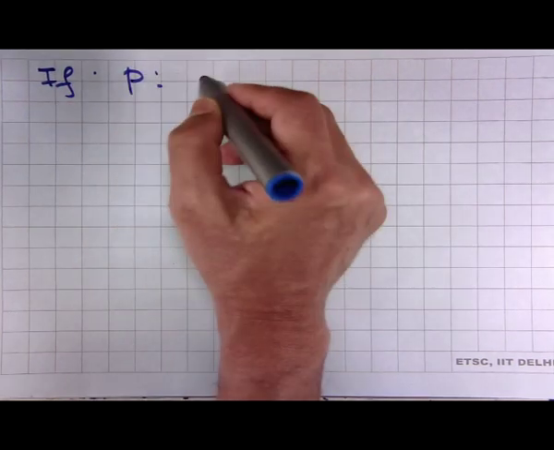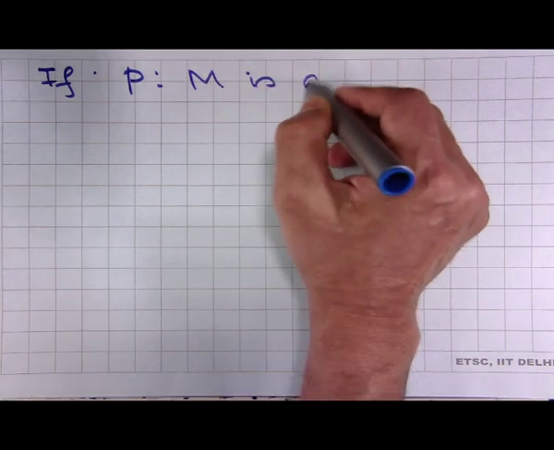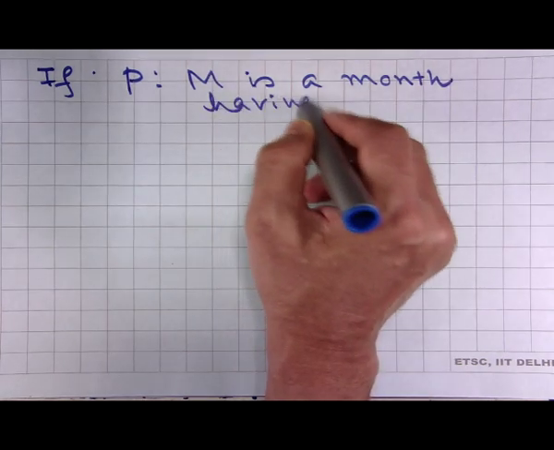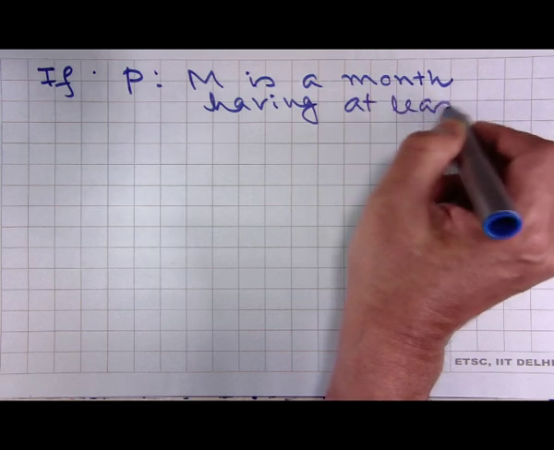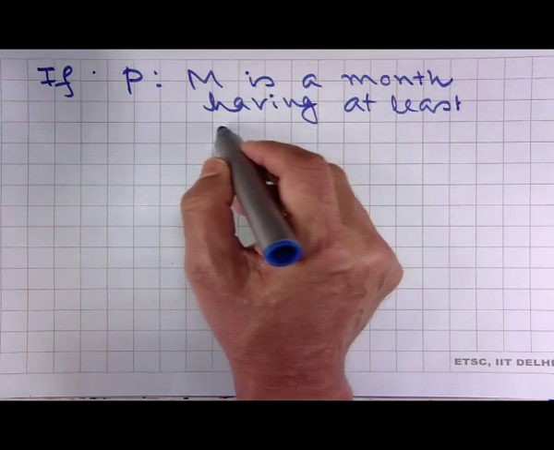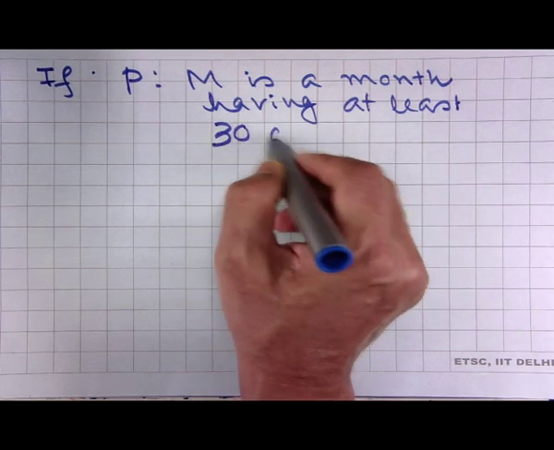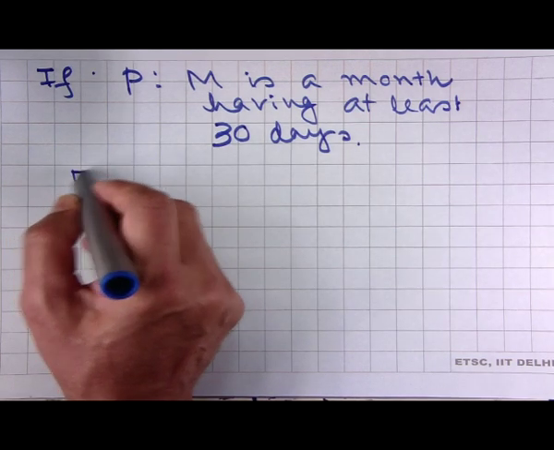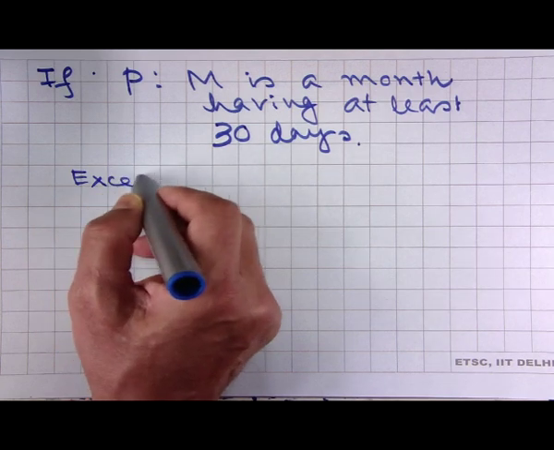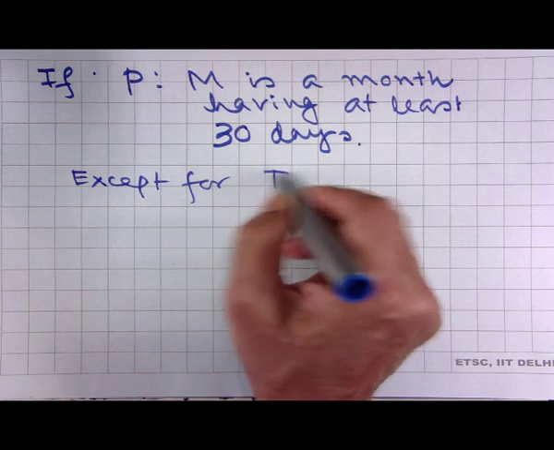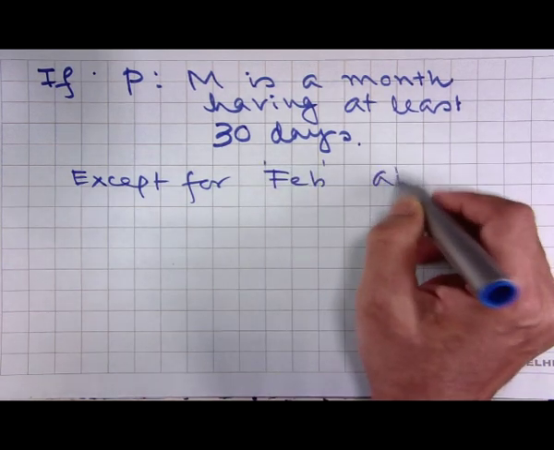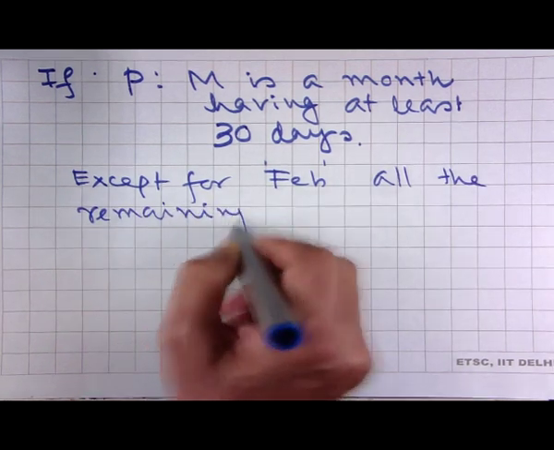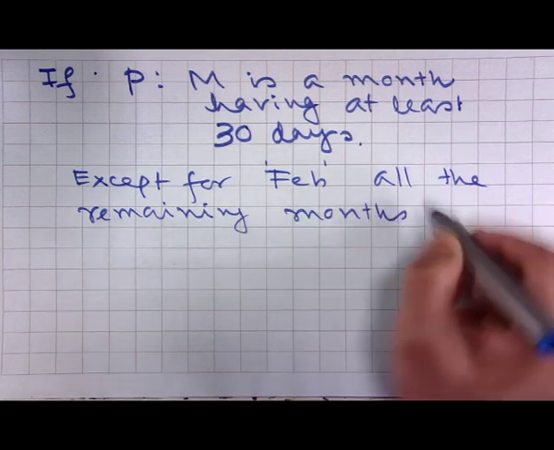On the other hand, if P is: M is a month having at least 30 days, then we know that except for February, all the remaining months satisfy the above.